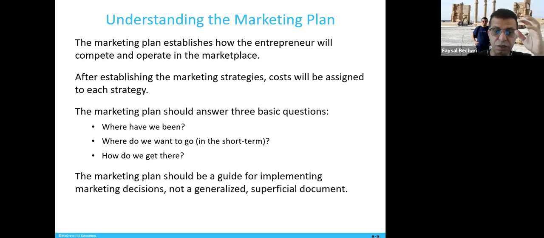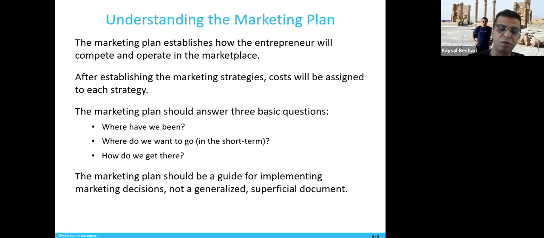The marketing plan should answer three basic questions: where we have been, where we want to go in the short term, and how to get there. So these are three answers. The strategic marketing plan tells you where you have been, where you want to go, and how to get there. The marketing plan should also be a guide for implementing marketing decisions, not a generalized superficial thing.